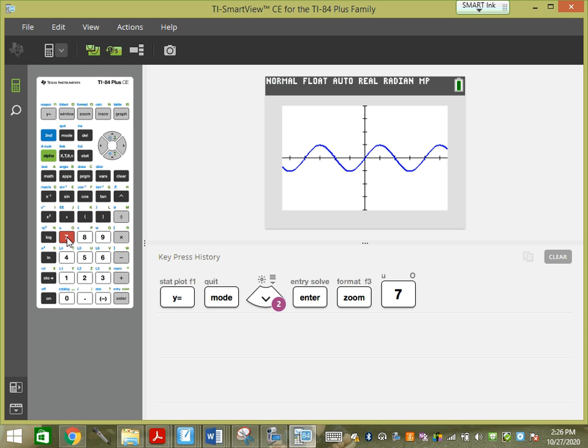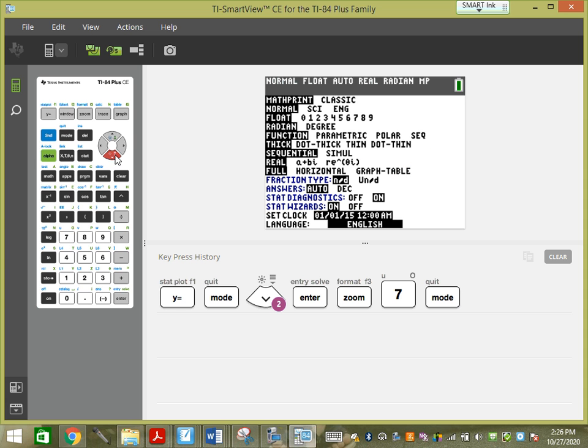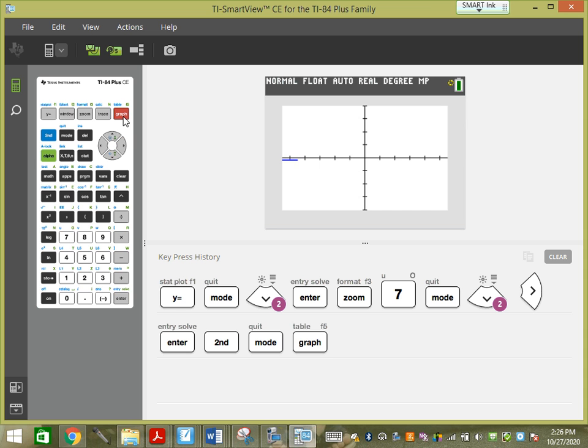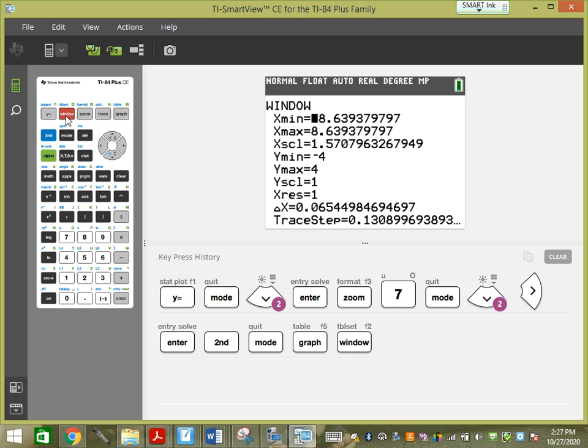Because, watch this, if I go mode, and I go degree, and I go graph, why does it not work? What's this window in? It's in radians, and what did I just change the calculator to? Degrees. So this is actually from negative 8 degrees to 8.6 degrees.